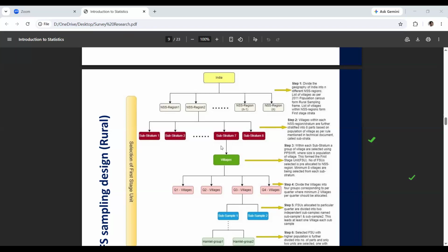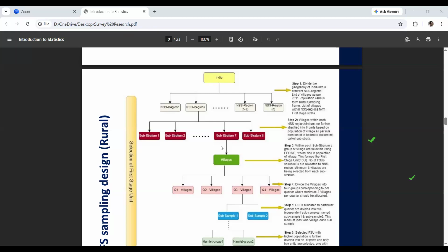So North Bihar is an NSS region, and we have to divide this North Bihar NSS region into two parts: rural areas, villages, and urban areas. Identify urban inundation blocks or urban wards. So we will separate all villages and all urban wards, all urban residential areas and rural residential areas. So the NSS region is divided into urban and rural residences.